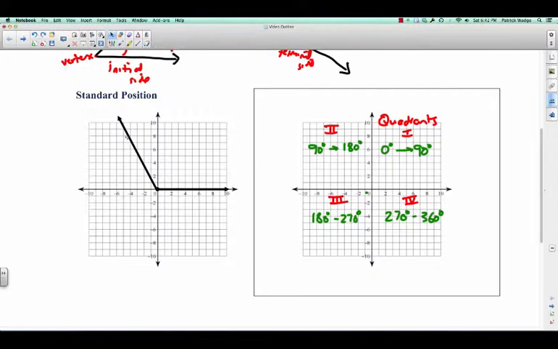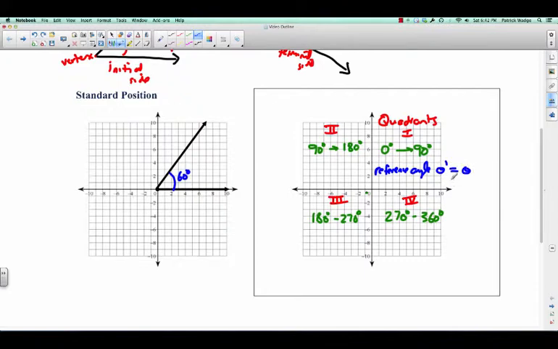So let's say that this is in the first quadrant, and let's say that it is 60 degrees. That's the standard position angle. What's the reference angle then? Well, remember what we just said? Standard position angle and reference angle in the first quadrant are exactly the same. So what we can say is that the reference angle, which we designate with theta prime, is actually just the same as theta.